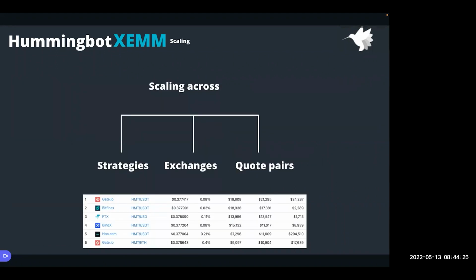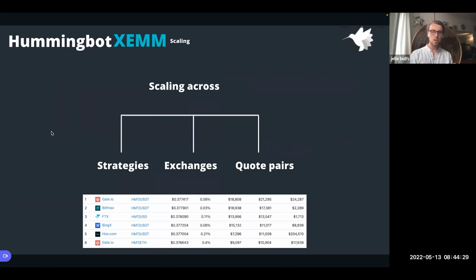And what I really like about this strategy is that I can really scale my strategies. That's because I can run this next to my pure market making strategies that I'm running, or Evelinator strategies. I can run a cross exchange market making strategy. I can scale across exchanges because I can use multiple taker exchanges if I set up multiple strategies.